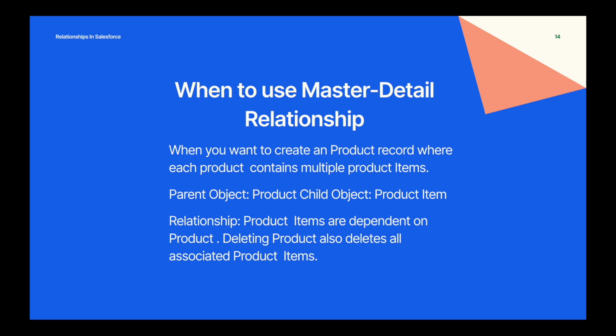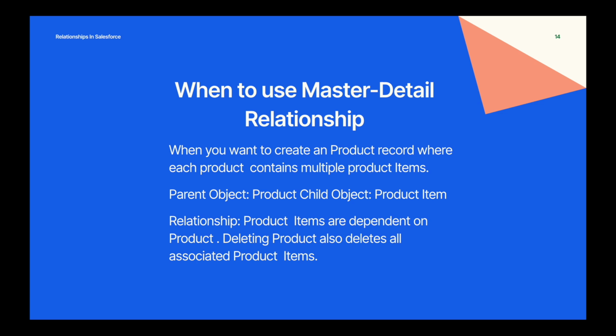Here also the same thing has been mentioned: when we want to create a product record where each product contains multiple product items. Here our product is car, and multiple product items are car models, or we can say the product can be one model of the car and multiple product items are different colors of that particular model of the car.